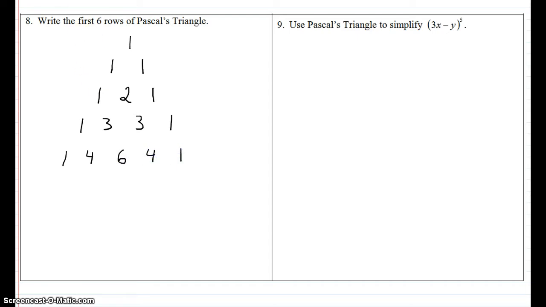And so now you might ask yourself, where are these numbers coming from? Well, if you look, the two numbers right above, 1 and 2 make 3. 1 and 3 makes 4. 3 and 3, 6. 3 and 1, 4. And so we just keep repeating this pattern. So we start with a 1, 5, 10, 10, 5, 1.